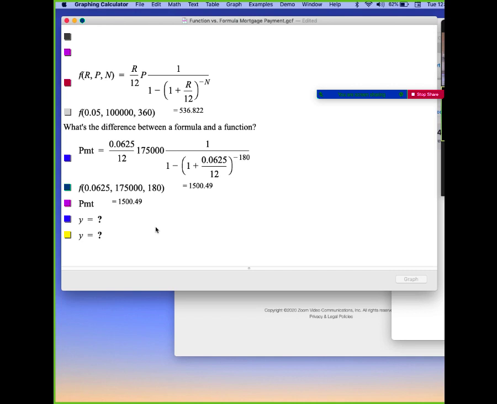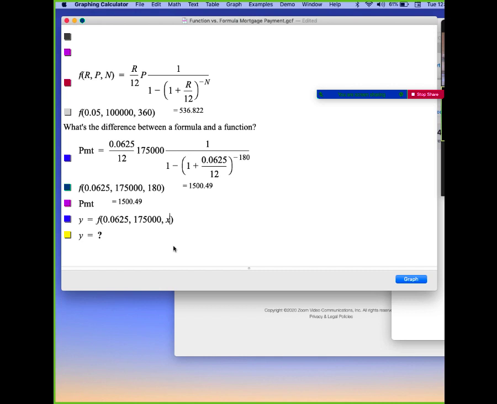For say a real short loan or a long loan, etc. Just type in F of everything except change the 180 with the X. And the Y equals, is that right? Yes. Okay. Do you guys agree with that?